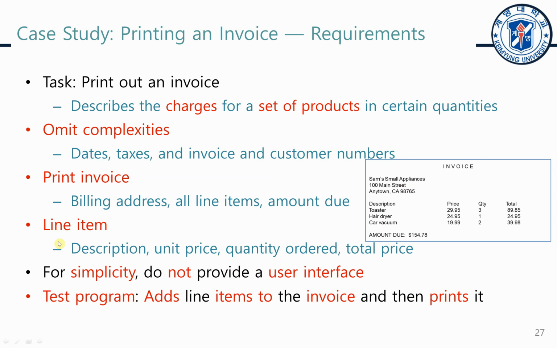And for each line item, that means for each product, we have description, unit price, quantity ordered, and total price. For simplicity, we do not provide a user interface at this point, so we can just create an add line item to invoice and then print it.